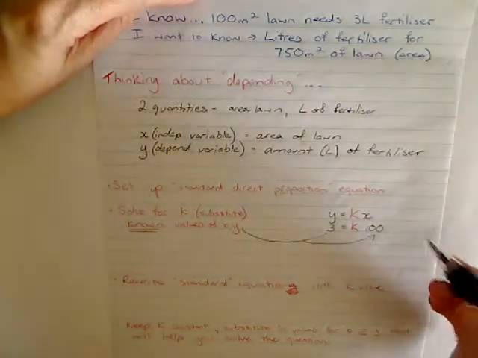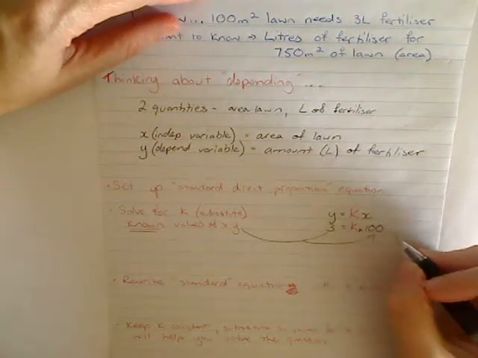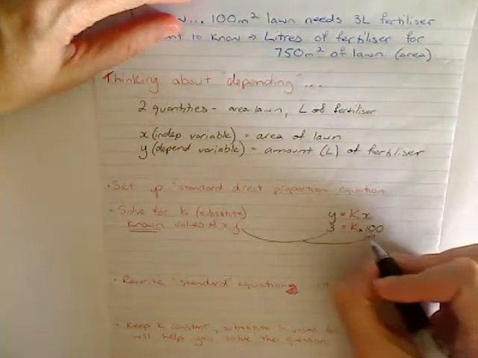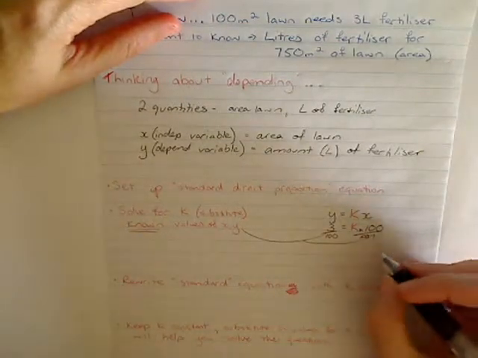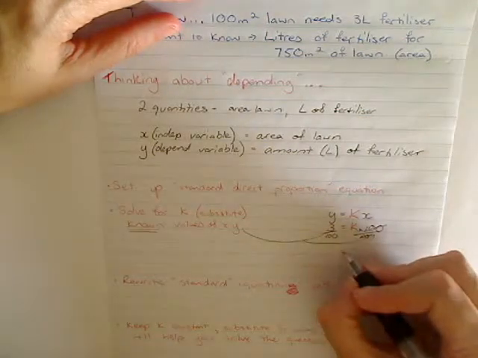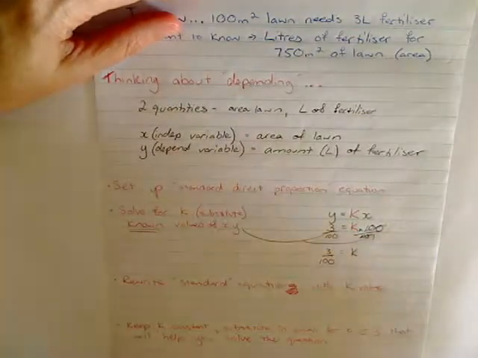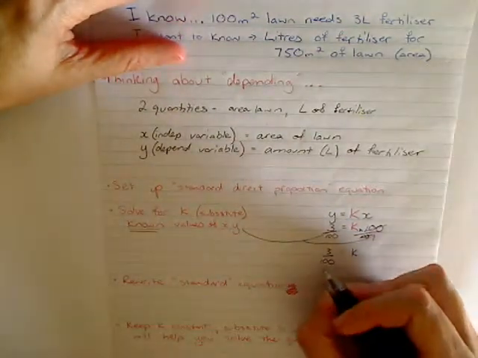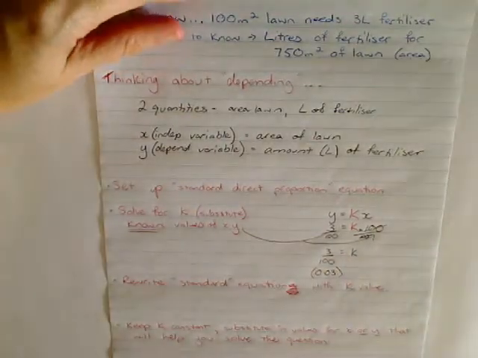To solve for k, I'm going to need to undo that multiplied by 100. So I'm going to divide both sides by 100. And if I tidy up my work, I can cancel on the right hand side as I expected. I have k equaling 3 over 100. If you want to try and write that as a decimal, 0.03, that's what you would get, but you don't need to.